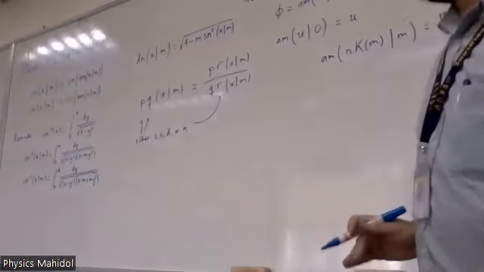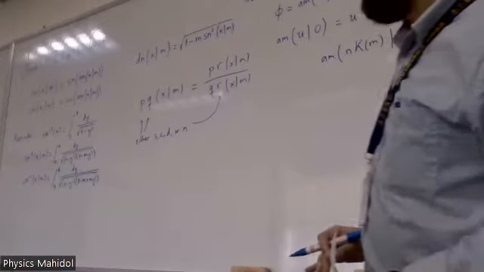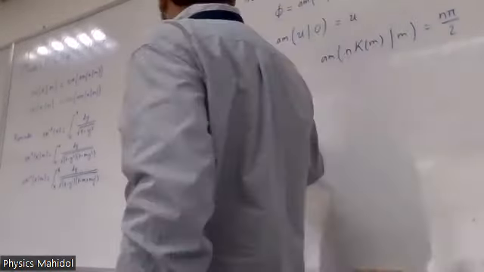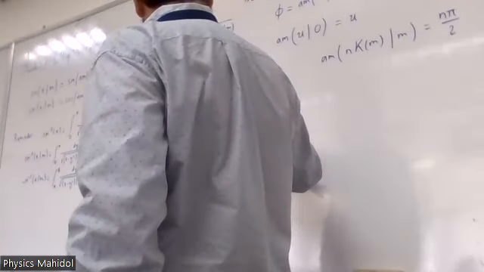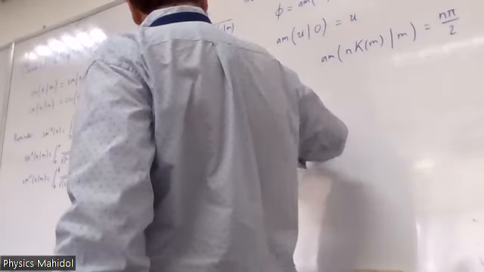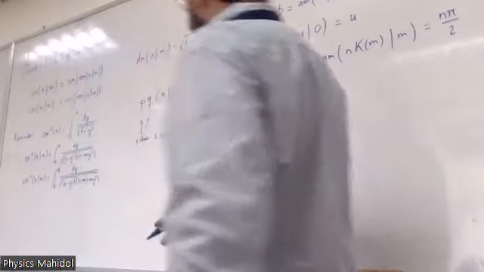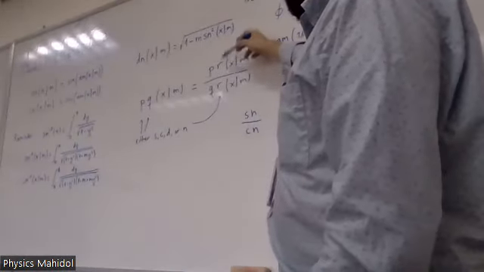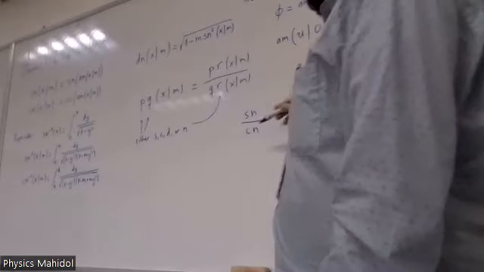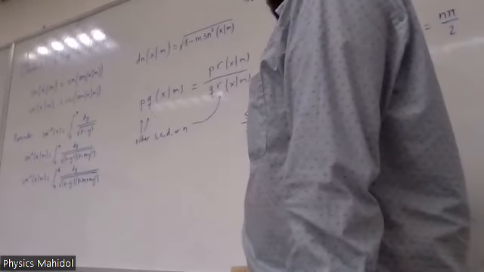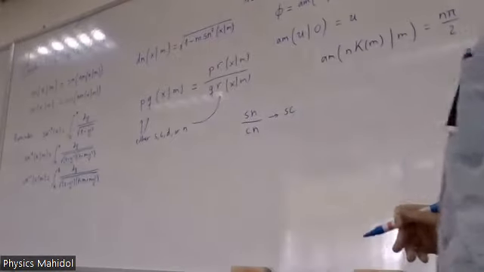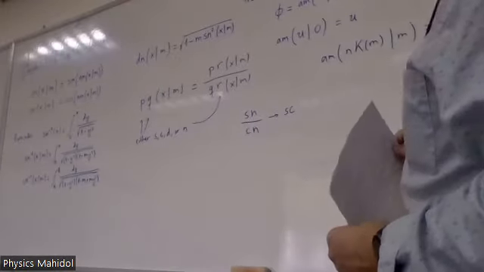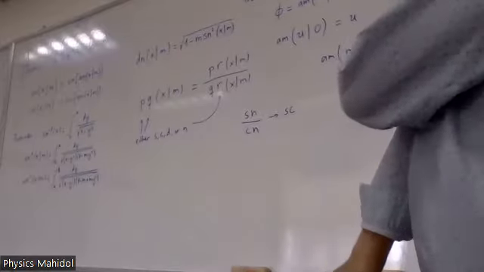For example, if I have sn divided by cn, the sine divided by the cosine, then here is like the r, the n cancels, and then you will have some function called sc, right? Just a combination of letters.